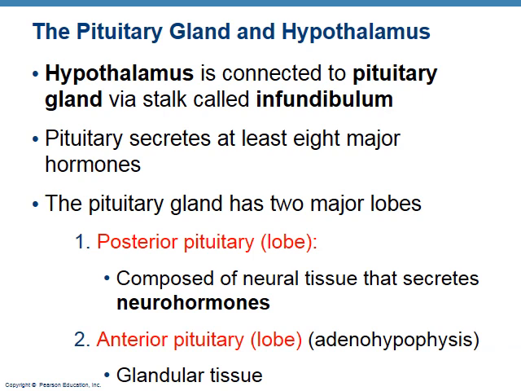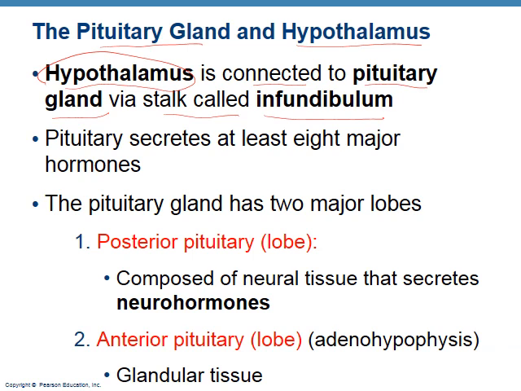We finally get to move into talking about the actual hormones. So we're going to look at the pituitary gland and the hypothalamus. There's a slide coming up in 2 slides, I think, where we're going to look at the image from the textbook. But your hypothalamus is connected to the pituitary gland via a stalk called the infundibulum.